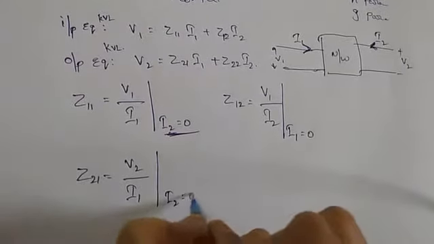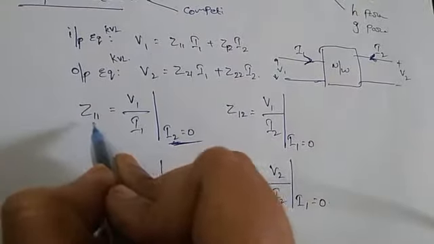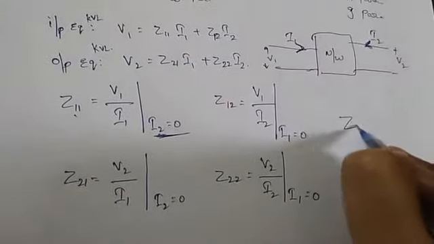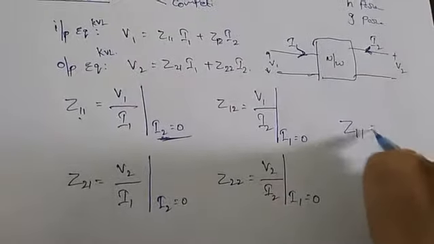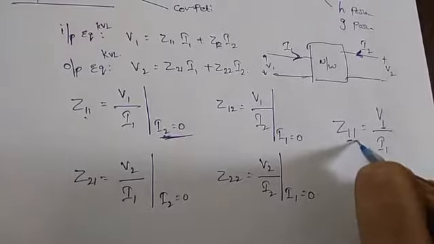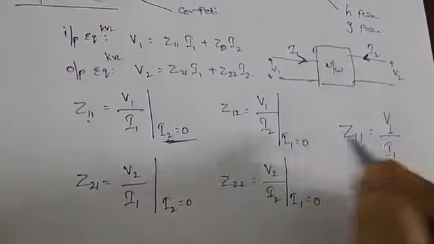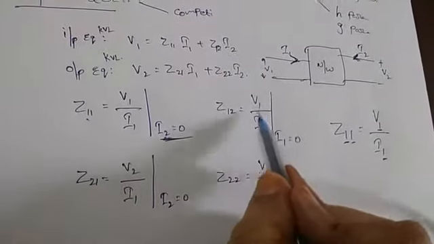If you observe these values, Z11 gives V1 by I1. So the first letter indicates the numerator and the next letter indicates the denominator.